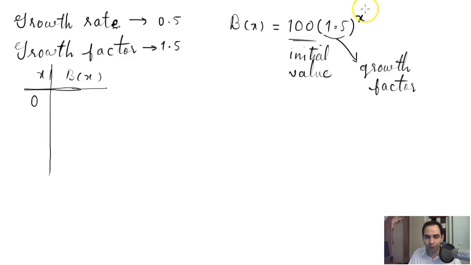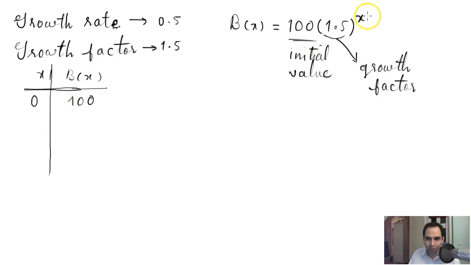So 1.5 raised to the power 0 becomes 1, and then you end up with 1 times 100, which is equal to 100. That's why it's called your initial value, and that's also the y-intercept of the function.